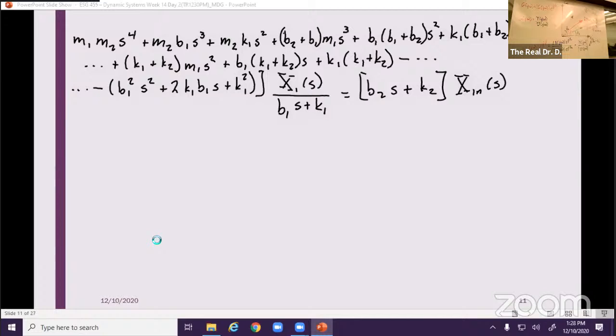And then we'll calculate those constants later. Starting with s to the fourth, I only have one s to the fourth term. That's m1 times m2. I'm going to call that A.